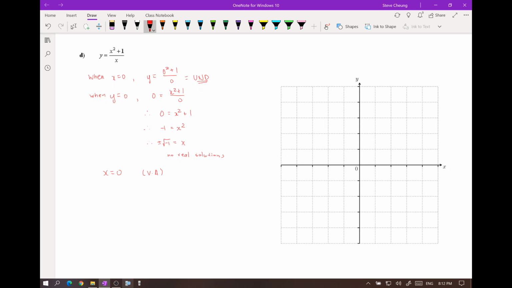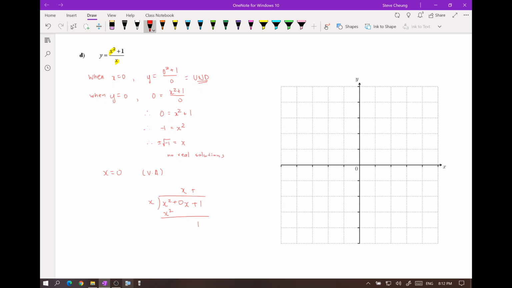And for horizontal asymptote, again, the degree on the top is greater than the degree on the bottom, so we have to use polynomial division. This one is a simple case. Oh, I should add in a 0x. So this one is just 0, right? You could pull down the 0, but I'm just going to skip that term.